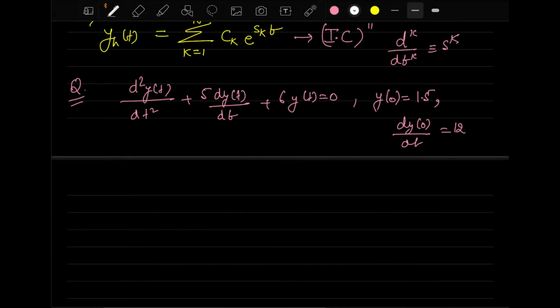If you replace it by s, this will become s squared, this will become 5s, and this will become 6, and that is equal to 0. So now you are replacing the differential operators by their corresponding s, and you have this particular equation, which is also called the characteristic equation.